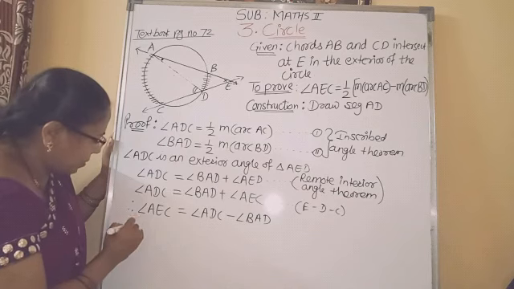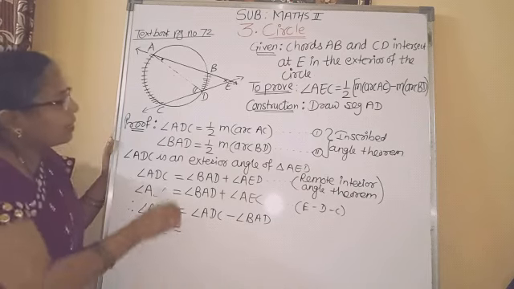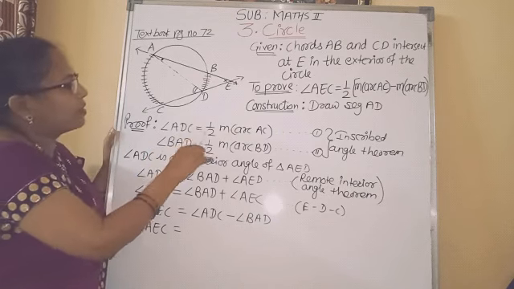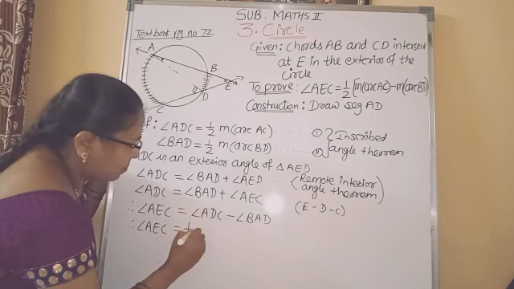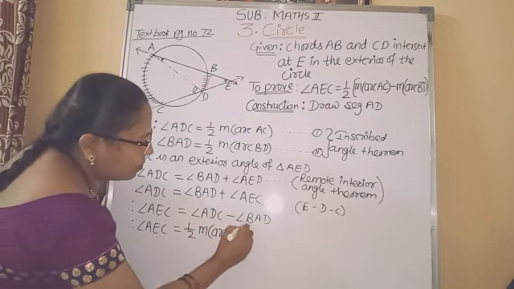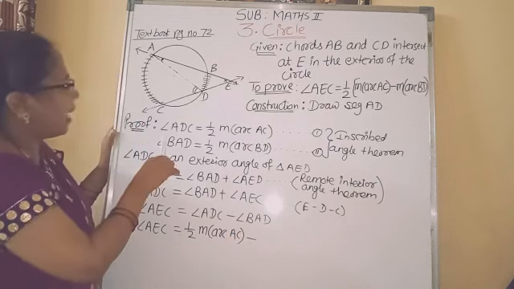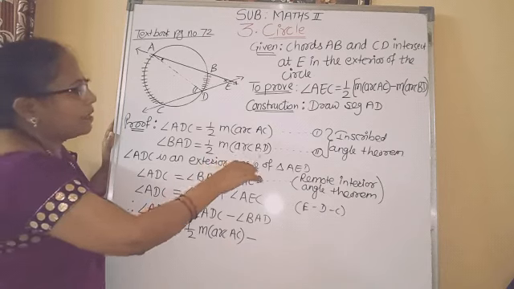Okay. Therefore, angle AEC is equal to angle ADC, here we got half measure of arc AC, minus angle BAD, which is equal to half measure of arc BD.